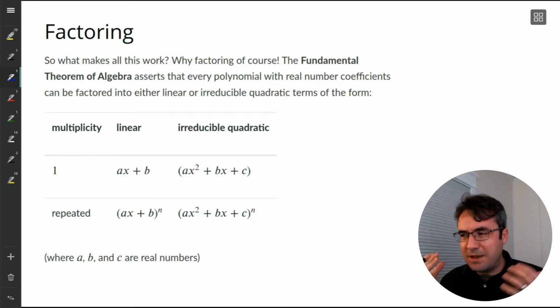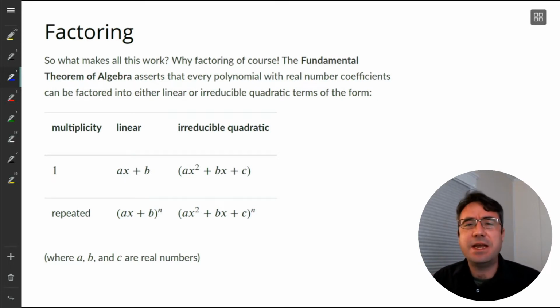So even if you're given this polynomial and you have no idea how to factor it, technically you can factor it. The fundamental theorem doesn't actually tell you how to factor it, just tells you that you can. So factoring is generally going to be the tricky part of our work here.